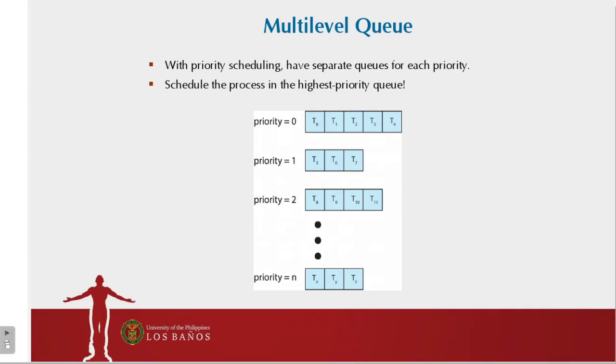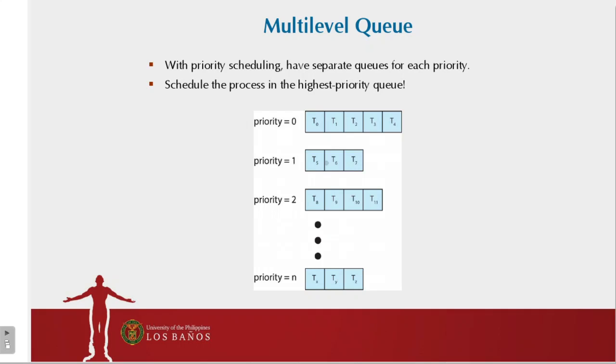So it's also interesting that we can have what we call multi-level queues. Traditionally, in the discussion of the previous scheduling algorithms, we maintain a single ready queue. But it's also possible to have multiple queues depending on the priorities of the processes.